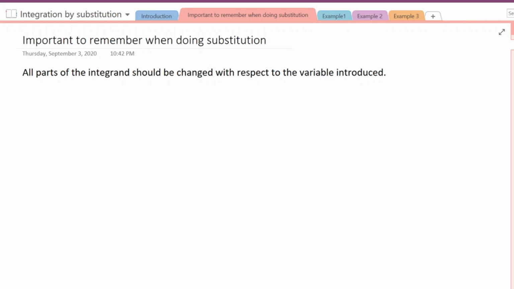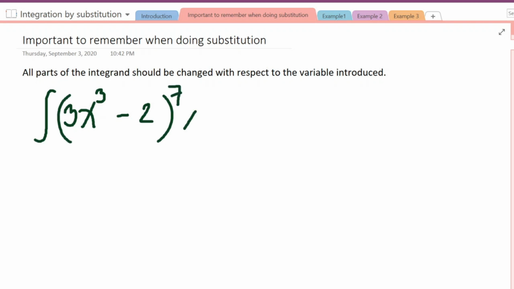The first one, we need to make sure that after selecting a part of the integrand as your variable, say u, we need to make sure that the rest of the integrand is substituted with respect to that variable u, or any other variable that you introduced. Say we are to integrate (3x cubed minus 2) raised to 7, times x squared dx.